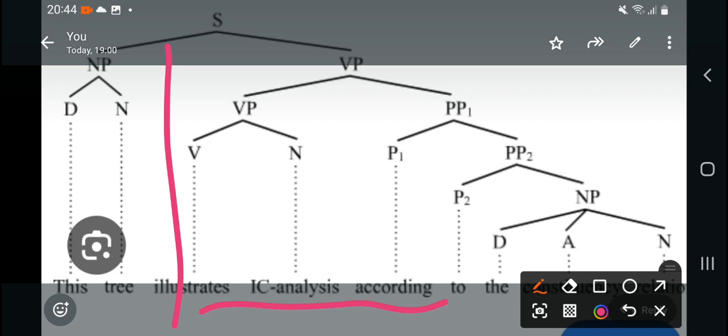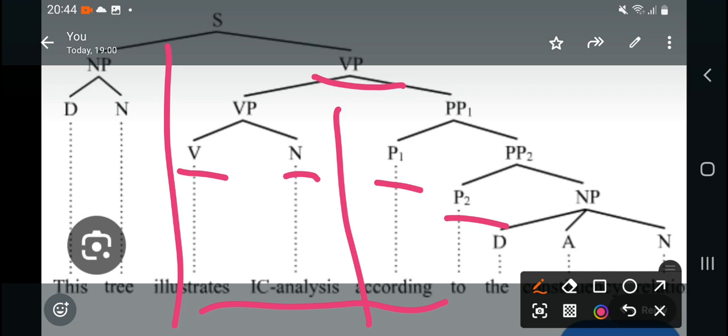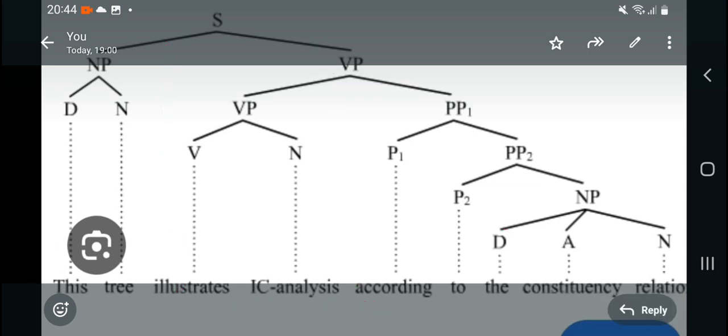Then start with illustrates, so that is a verbal phrase. Illustrates IC analysis, so then verb, and this is IC analysis. Then according to, there are two prepositions, according, drop according, then to, drop to. But in the second prepositional phrase, a noun phrase is attached, and that noun phrase is the determiner, constituents, and relationship.